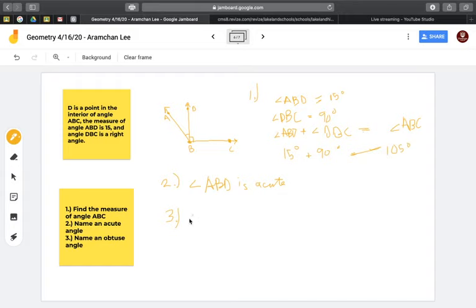And that fulfills the definition of an obtuse angle. Angle ABC is obtuse.